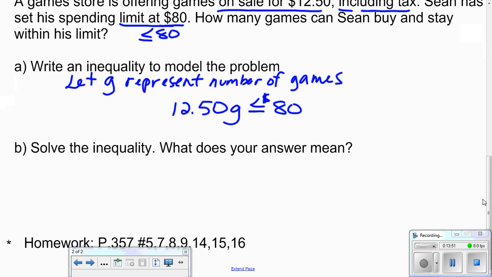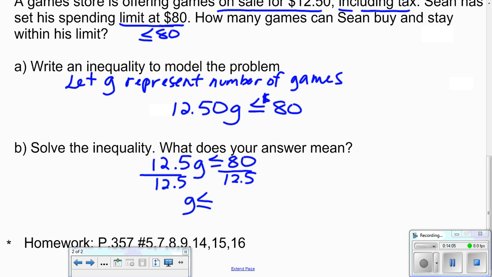So now we need to solve the inequality. So G is being multiplied by 12.5, so we need to divide by 12.5. It's not a negative that we're dividing by, so the inequality sign does not flip. And we get 6.4. So that means that he can buy 6.4 games.